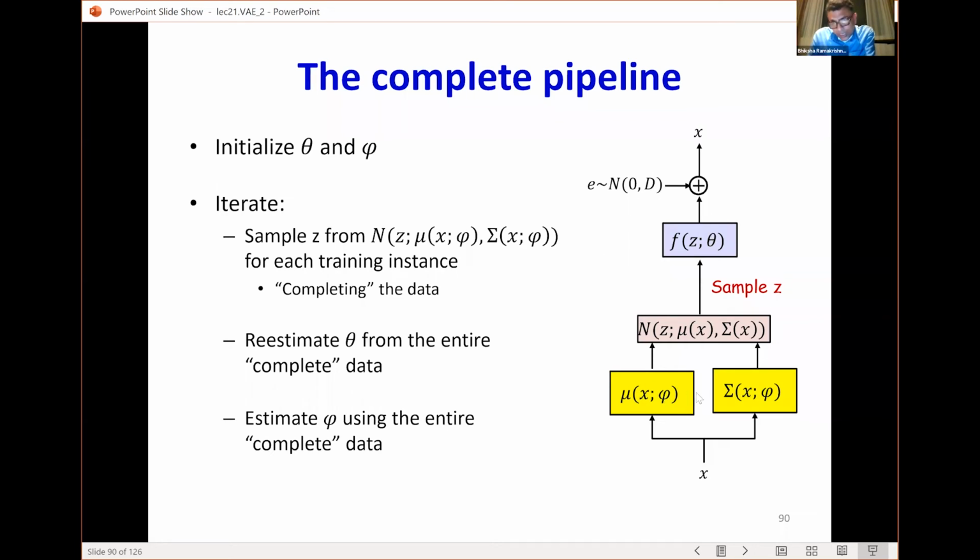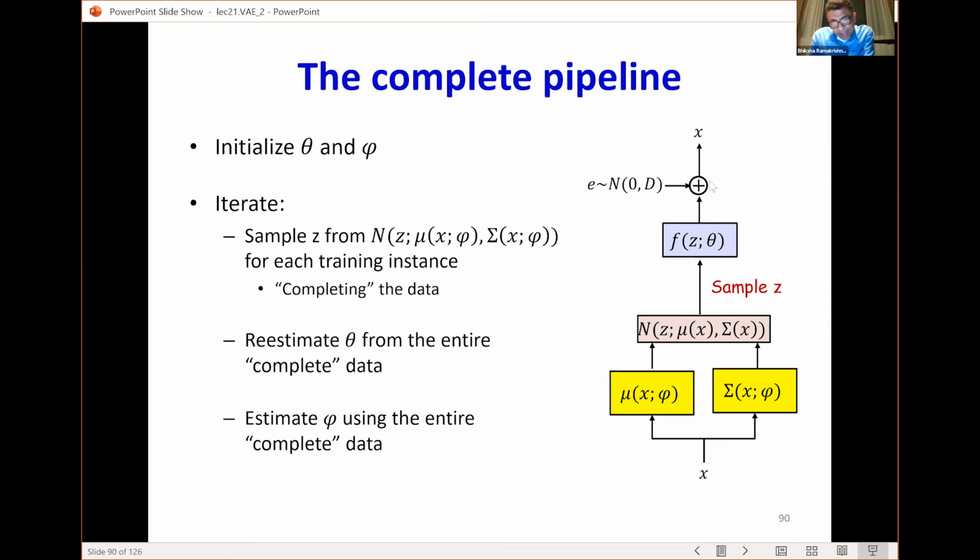So I'd initialize phi. Actually, this slide has it backward. I'm going to initialize phi. And then for each x from the initialized phi, I can compute this Q, right? And then from this Q, I can sample a z. Then using that z, I can estimate f, because now I have complete data.